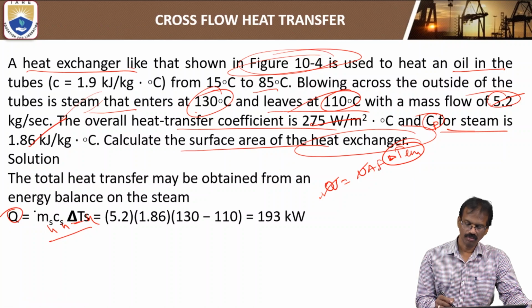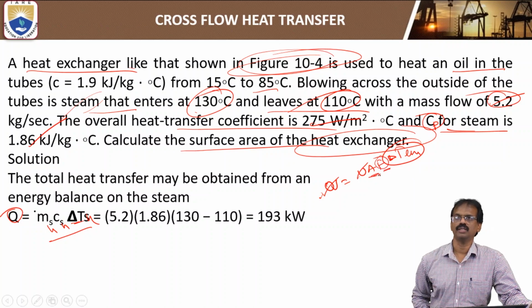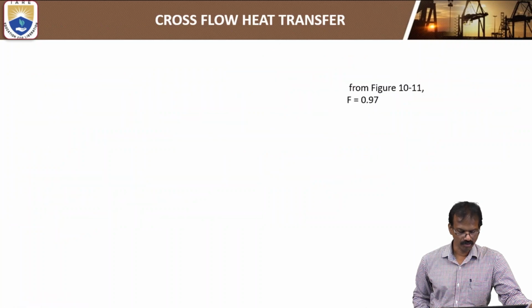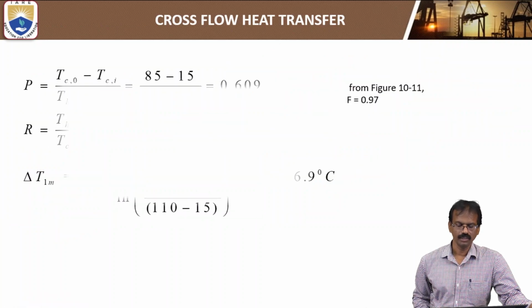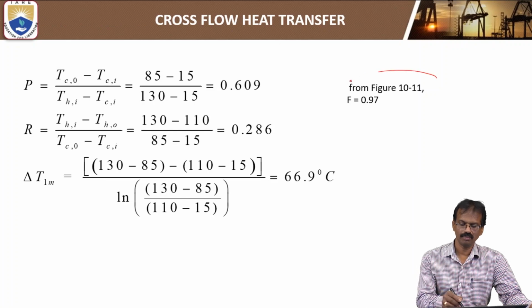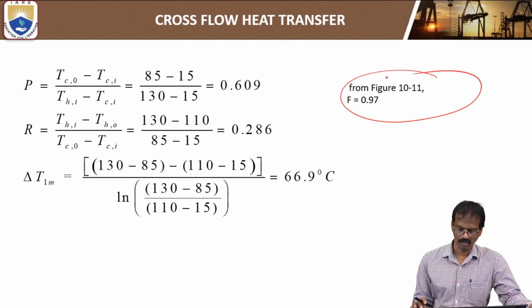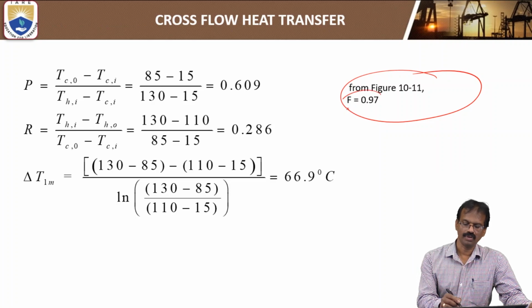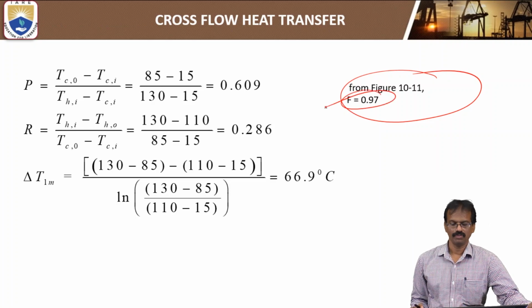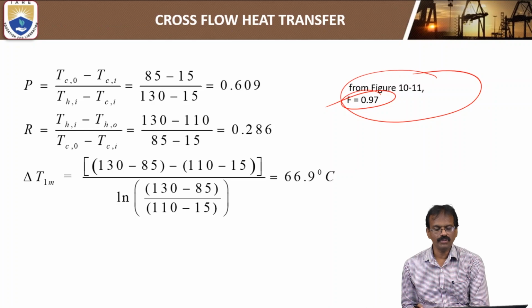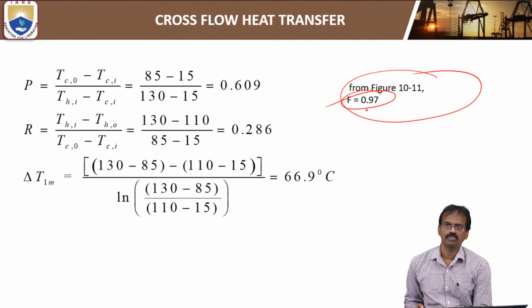Then you can find out the F factor first. By using this F, you have to find out the area. So identifying the F value is very important. By using the figure, by arrangement, here the figure is not given, you can take the F value with the help of the data book. F is equal to 0.97.